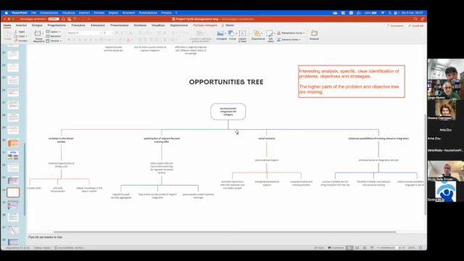And this is why it is very important to work on a good tree of problems and objectives, so that we can decide according to the capacity of our organization, to the skills, to the funds we have, at what scale we can effectively work. So this is the idea behind the importance of this analysis.